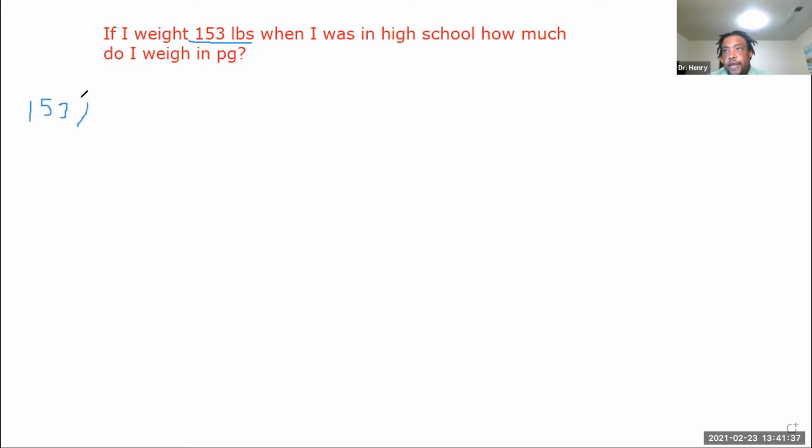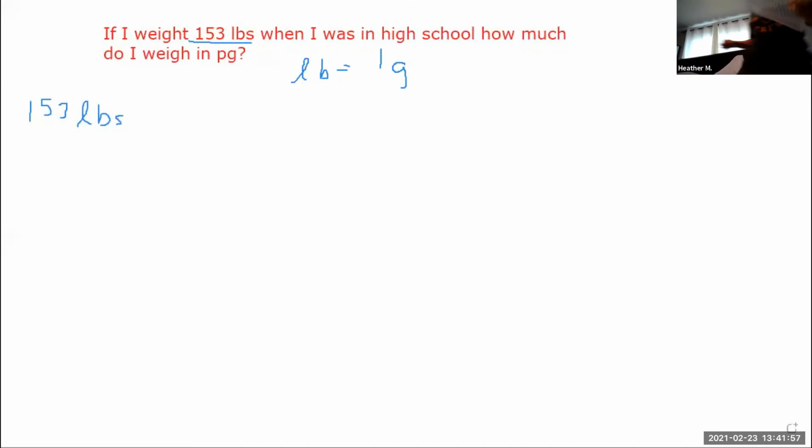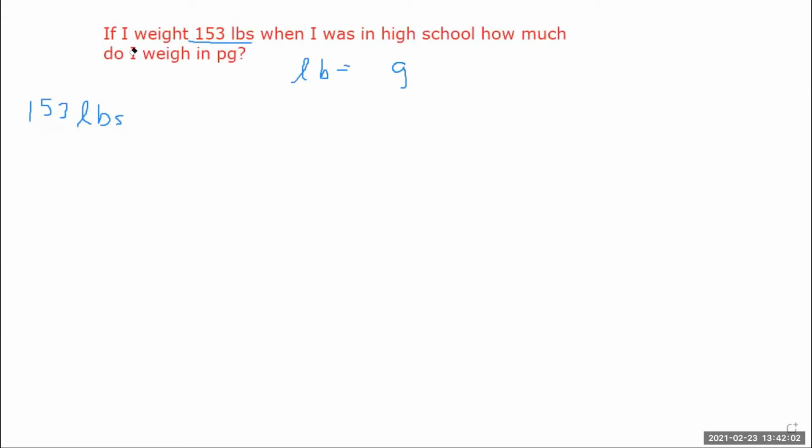And then I go with conversions that I'm familiar with. So how many pounds equal a gram? Or how many grams equal a pound? 1,000, or wait, was it 2,000?